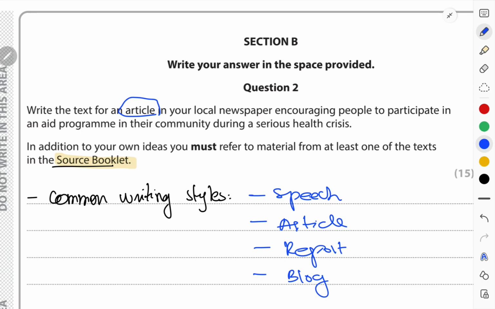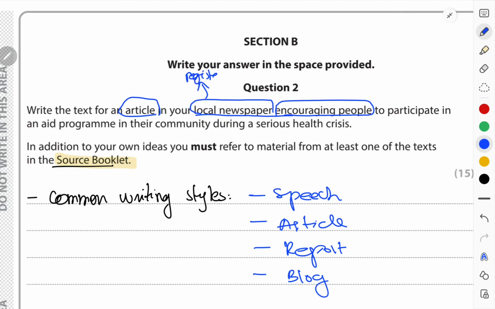Who you are writing this text for is your audience. So you're writing this for your local newspaper. That means you need to maintain formality because it's for a newspaper. And then what is your purpose? By the way, this tells you your register.